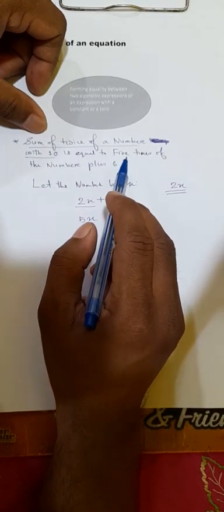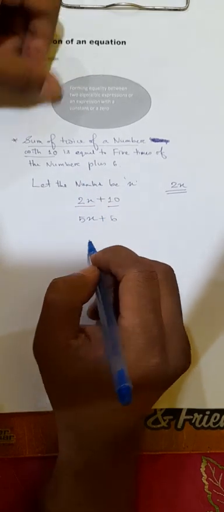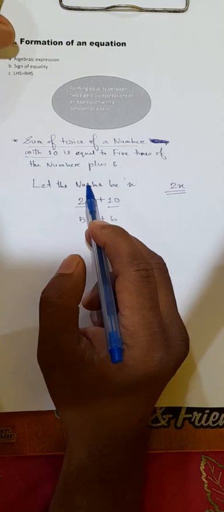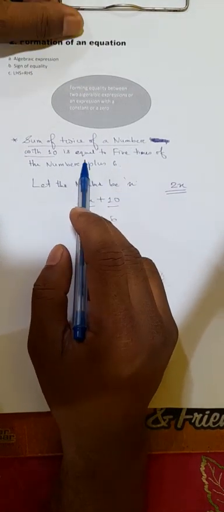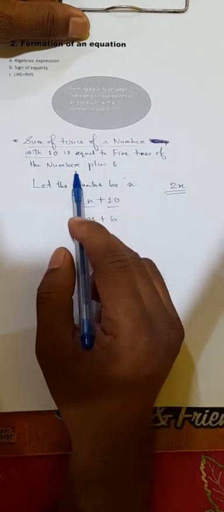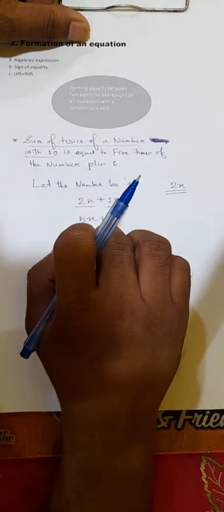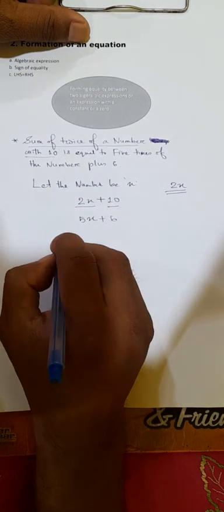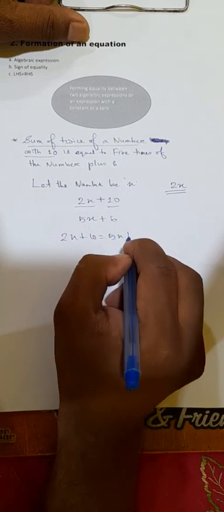Now sum of 5 times of the number with 6 means 5x plus 6. Now this statement says that sum of the twice of the number with 10 is equal to 5 times of the number plus 6. This means these two expressions are equal. It says twice x plus 10 equal to 5x plus 6.